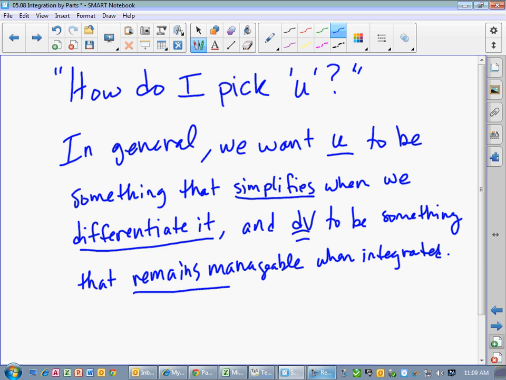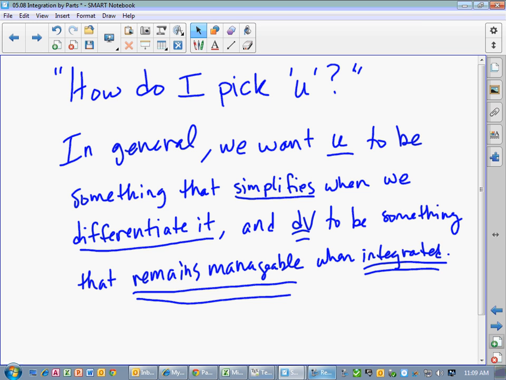So dv remains manageable when integrated. Not necessarily simplifies, but it doesn't go wacky. If u is simplifying and dv is doing something wacky, not helpful, and vice versa. If u doesn't simplify at all and dv is manageable, well, if u is not simplifying, then nothing good's going to happen out of it. So we need both of these things to happen.